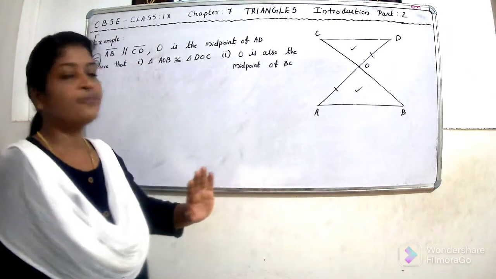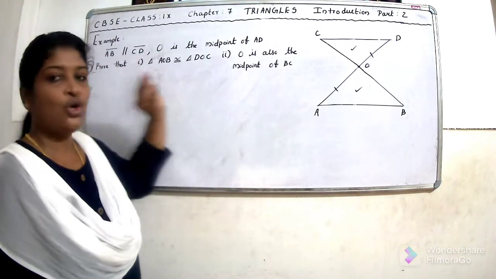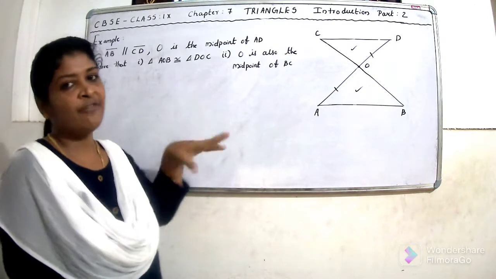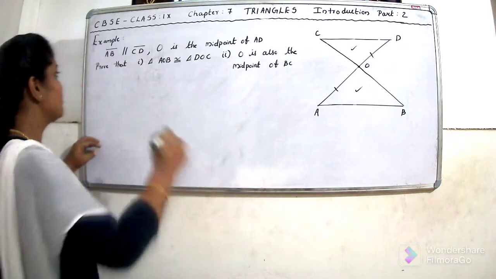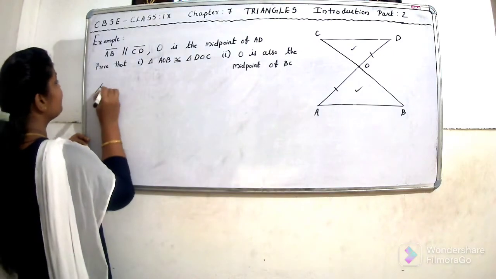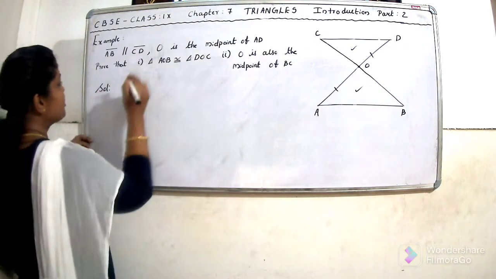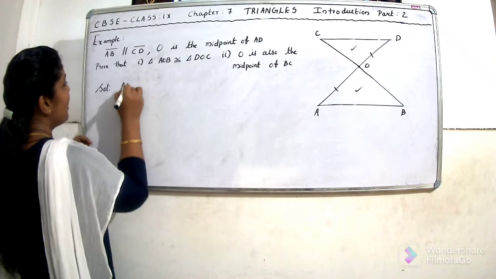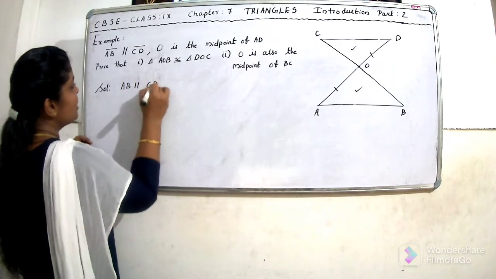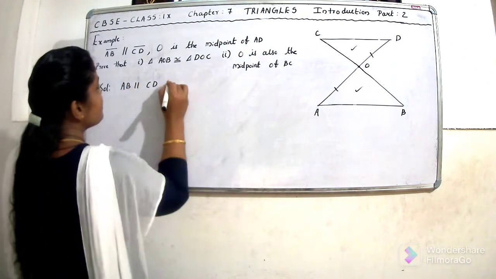Whenever we are starting any proof, whatever information they have provided, we have to write first. So here we are starting the solution. AB is parallel to CD, given.